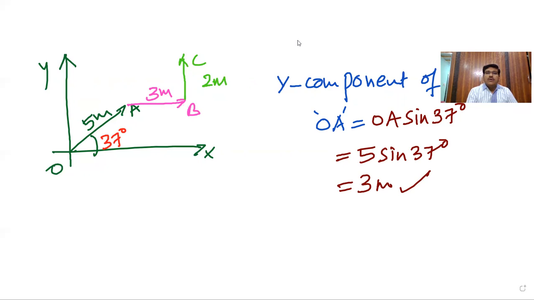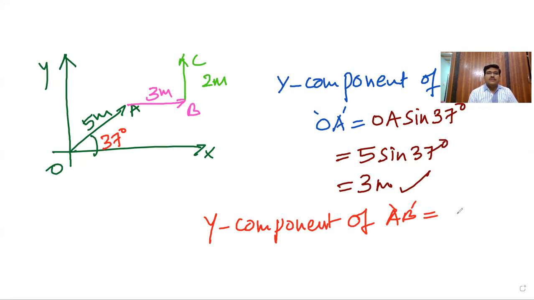Now, the second is the y component of AB. There is no y component for AB because it is showing only along the x direction, parallel to the x-axis. So the y component of AB is 0 meters.